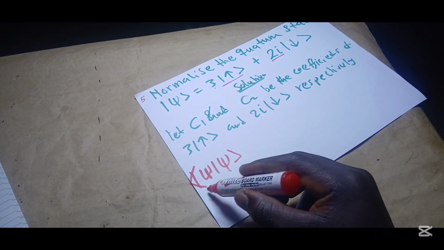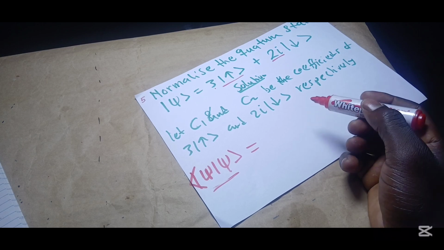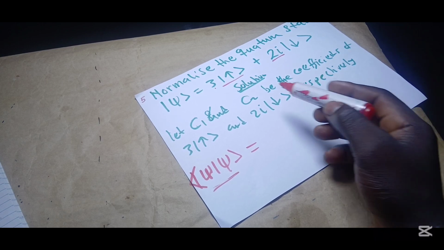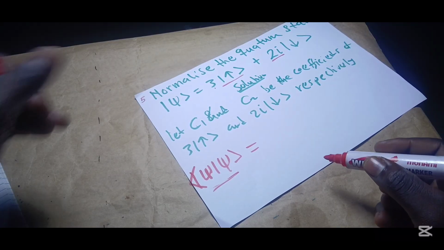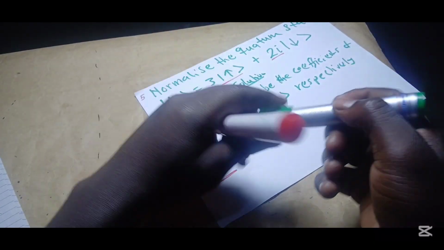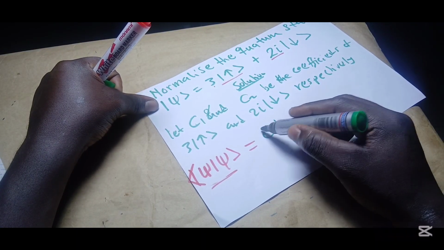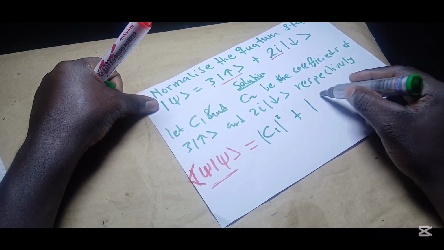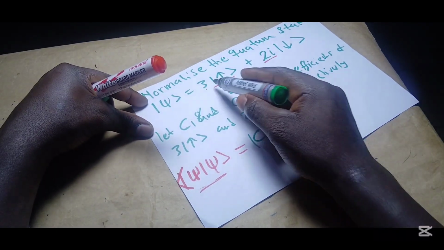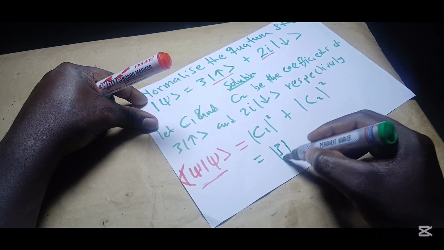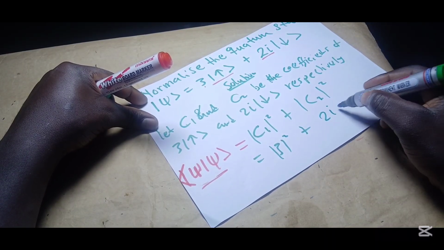So this is equal to the sum of the absolute square of the coefficient of each state given. In this case, it's going to be absolute C1 squared plus absolute C2 squared. So what is C1? 3. So 3 squared plus C2, which is 2i, squared.